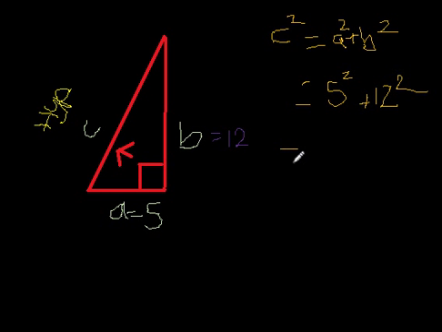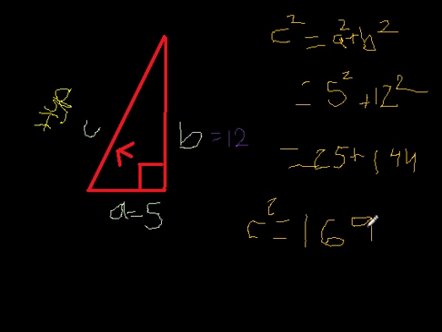So simplify that. 5 squared, 5 times 5 is 25, plus 12 times 12 is 144. So simplify that more. C squared, remember the star part, C squared equals 144 plus 25 equals 169.